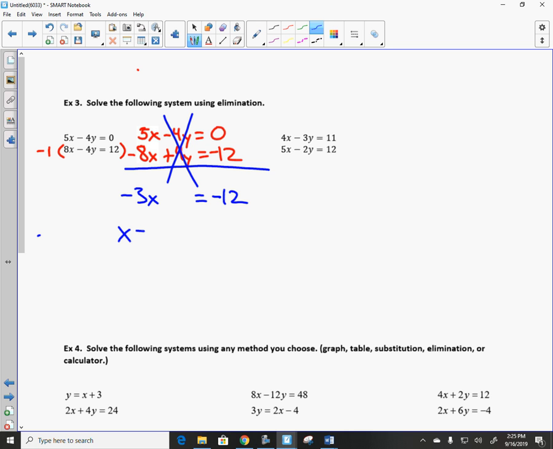So x is 4. If x is 4, how do I find y? Does it matter which one I plug it into? It doesn't. So we plug it here, we get 20 minus 4y is equal to 0. Or -4y equals -20. So y is 5.